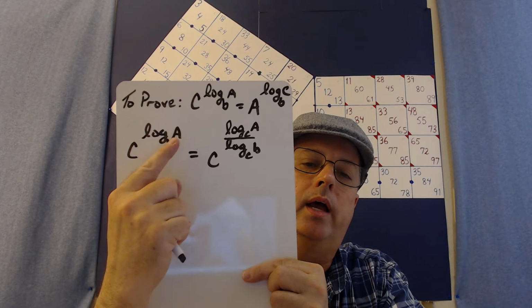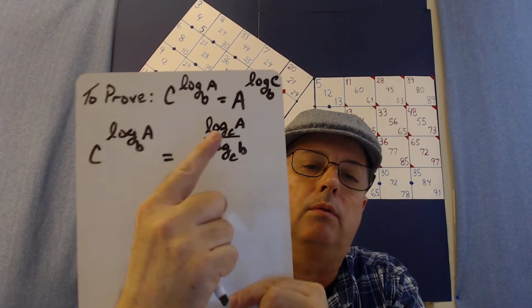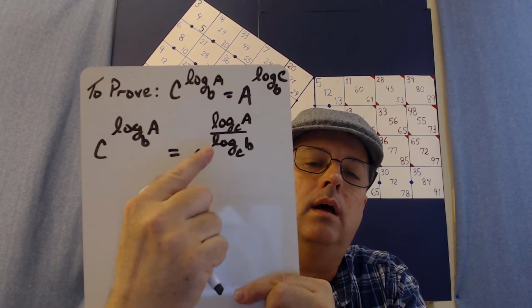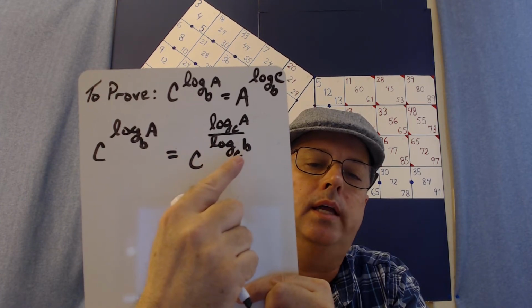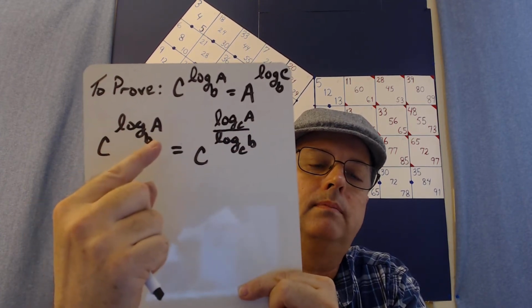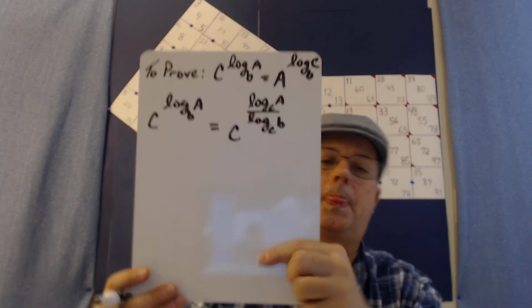Log base B of A is the same as log base C of A, as long as we remember that it wasn't base C, it was base B.